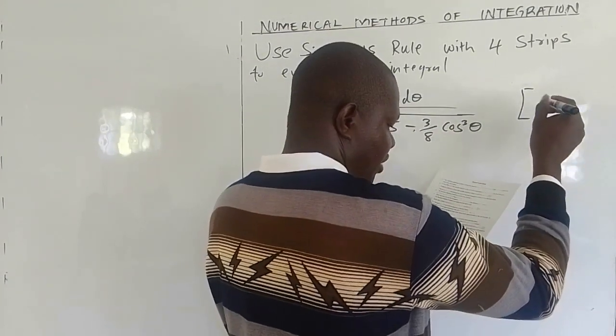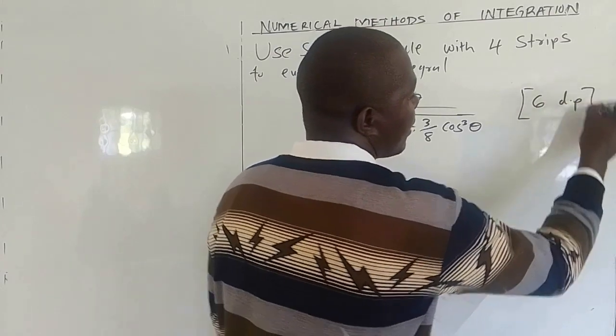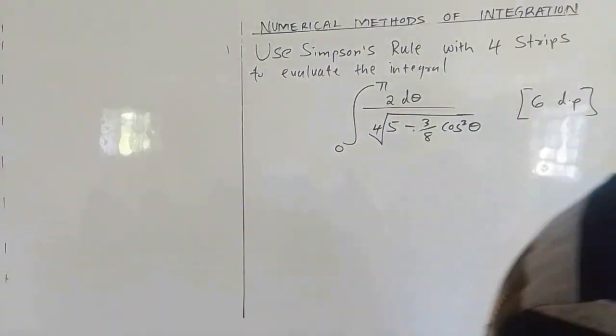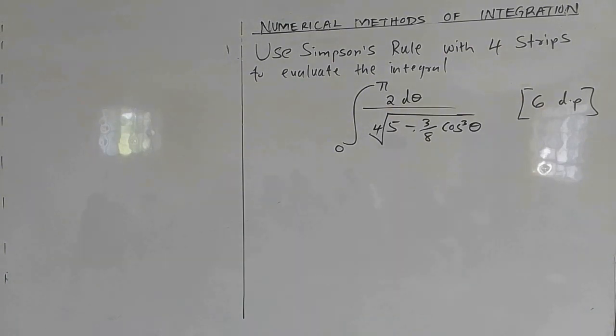You have been told to do it in 6 decimal places. Look at that.